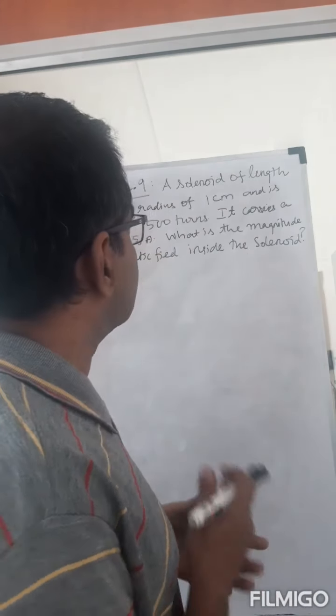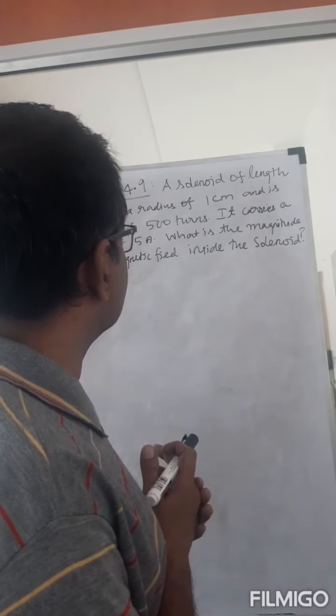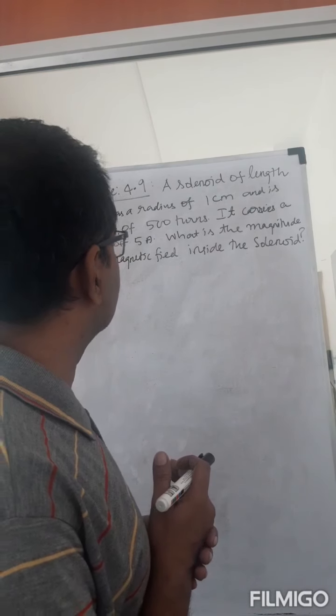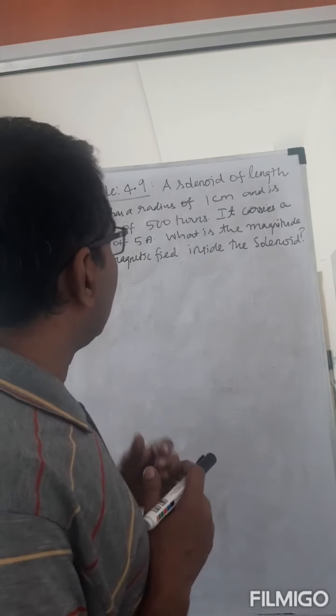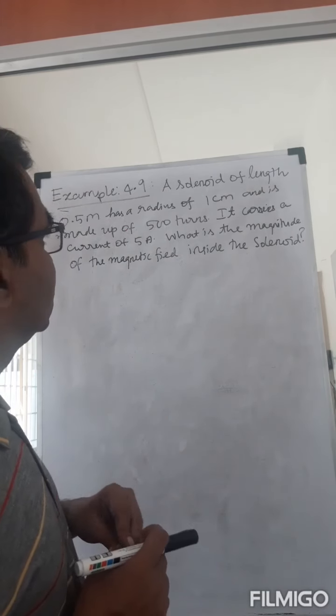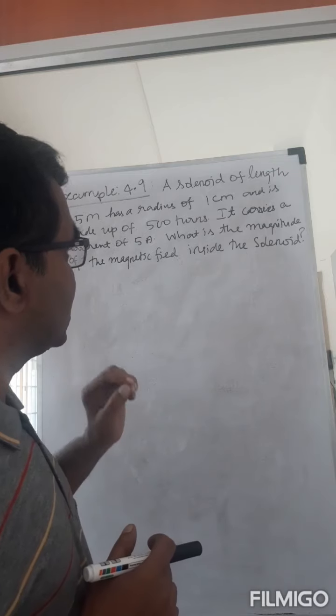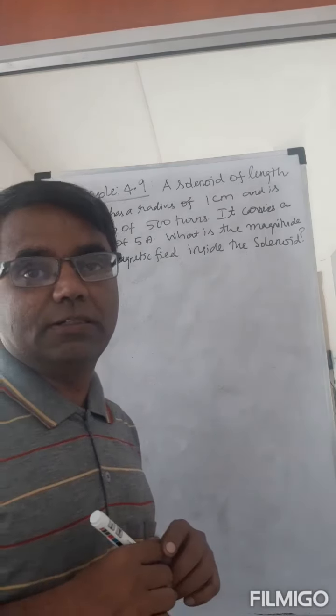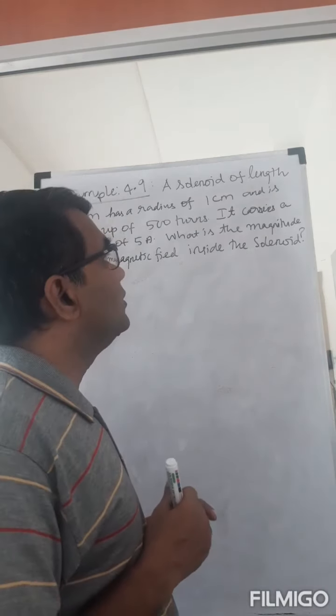Let me read the problem. A solenoid of length 0.5 meter has a radius of 1 centimeter and is made up of 500 turns. It carries a current of 5 amperes. What is the magnitude of the magnetic field inside the solenoid? So this is the problem.